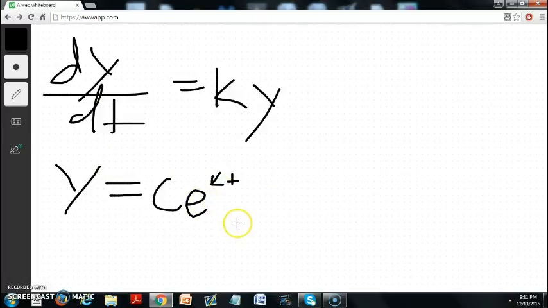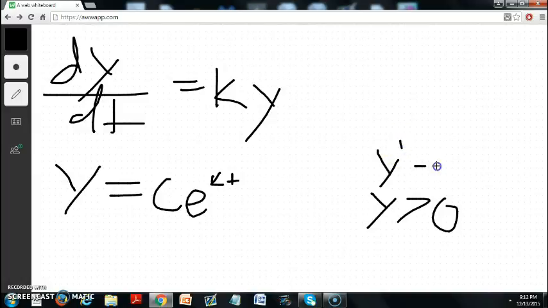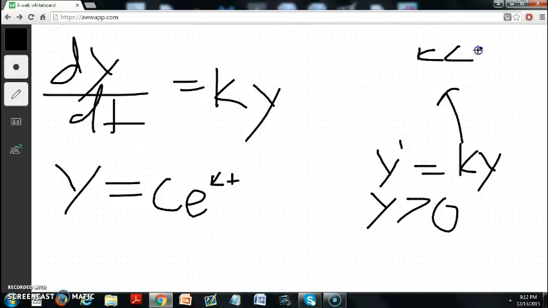The important parts are that y is always going to be greater than 0 as a function of t, and that y prime is going to be equal to the constant k times y. And the reason this is important is because k, in your final solution, if it is less than 0, then you're experiencing exponential decay, and if k is greater than 0, then you're experiencing exponential growth. And that's the entire reason you'd be putting it into this form.